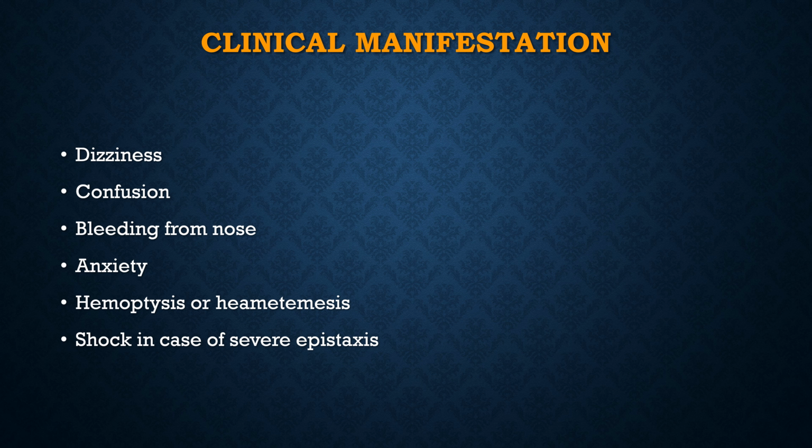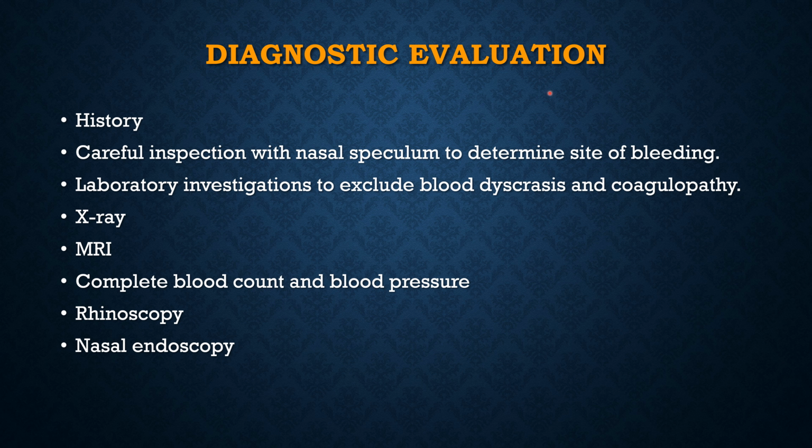Coming to the diagnostic evaluation, we have to take a proper history, what kind of medication the person is taking, whether the person has gone through any surgery, any nasal surgery, if the person has any septum deviation, if the person has any history of epistaxis, everything we will know. Careful inspection with a nasal speculum to determine the site of bleeding. Laboratory investigation to exclude blood dyscrasias and coagulopathy.